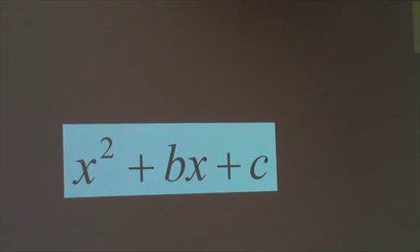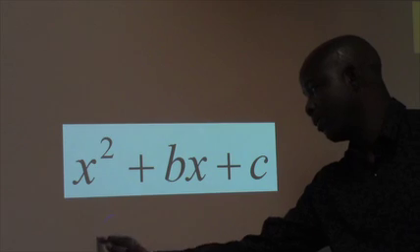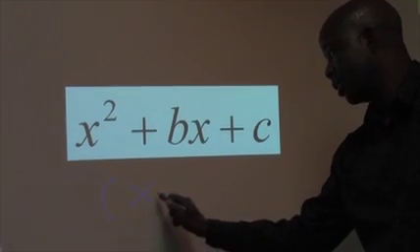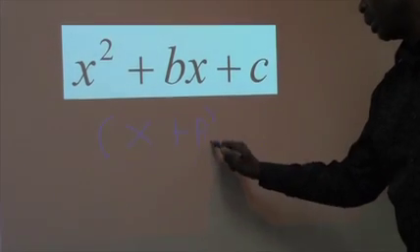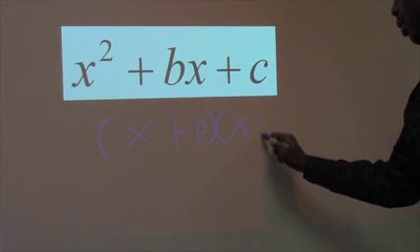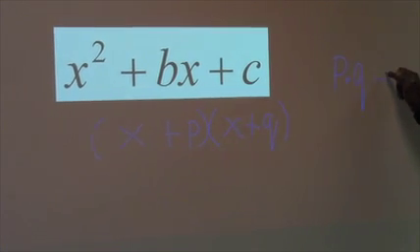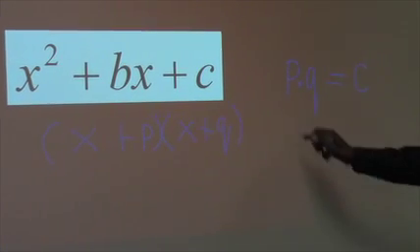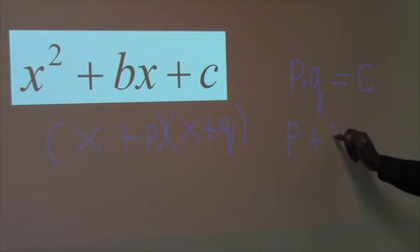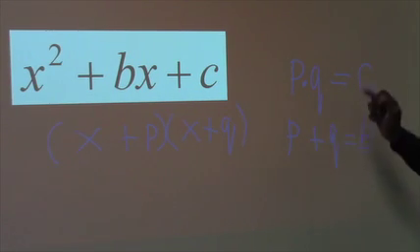So one of the most basic kinds of factoring we're going to do will be factoring involving a trinomial of the form x squared plus bx plus c. Now, if a trinomial of this form is factorable, then it's going to factor into something like this: x plus p times x plus q, where the product pq will give us c, the constant c, and the sum of p plus q will give us b.